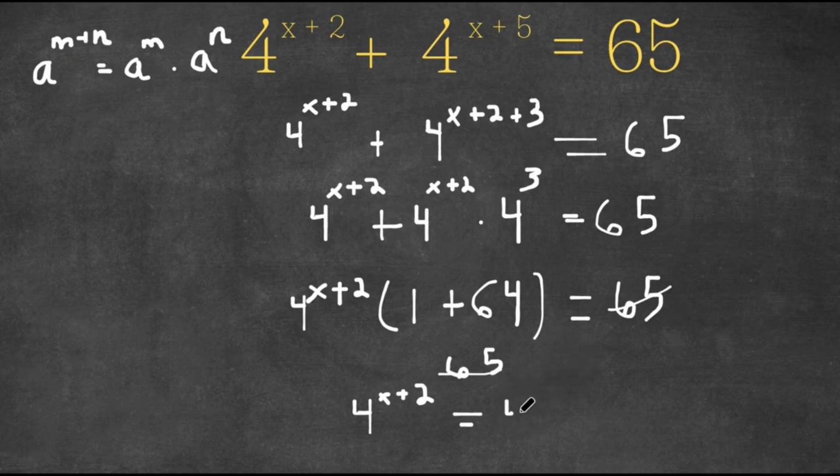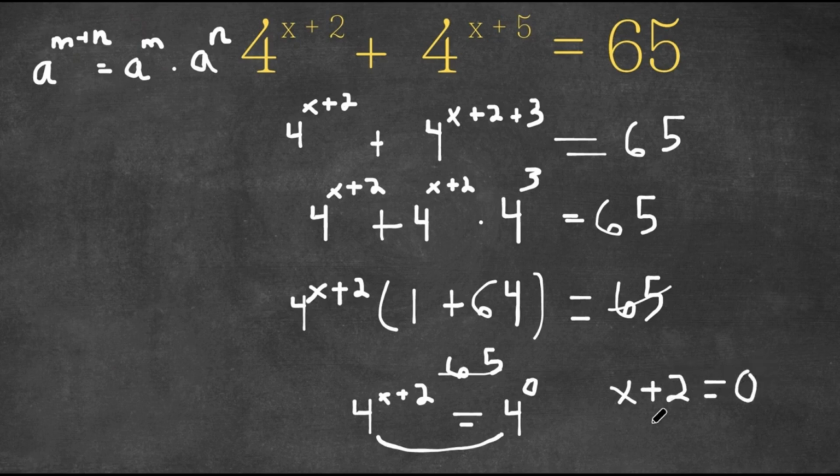So I'm actually going to replace the 1 with 4 to the power of 0. Now, because both of the bases are 4s, we know that the exponents are the same as well, meaning x plus 2 is equal to 0.